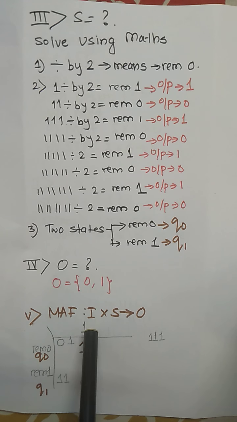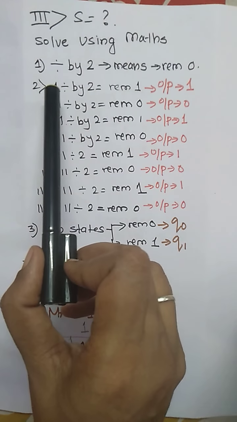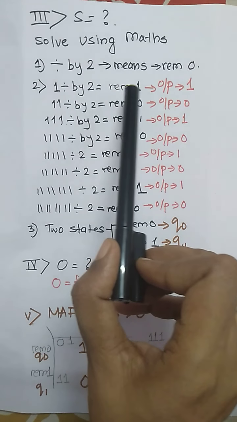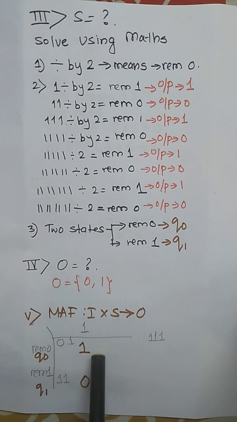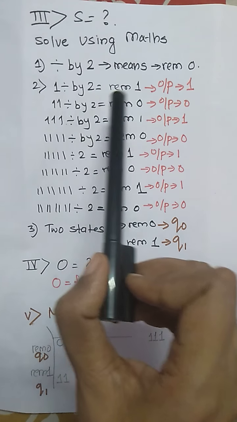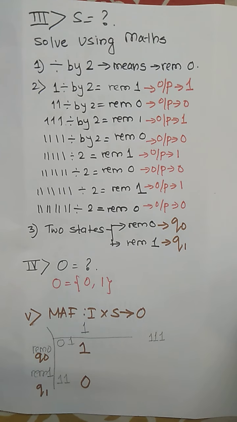Number 1 is not divisible by 2, it gives remainder 1 and produces output 1. So here we write output 1. Next, Q1 means the previous remainder was 1, and with the current bit 1 it makes the number 2. Number 2 is divisible by 2, producing remainder 0 and output 0. So the output is 0.